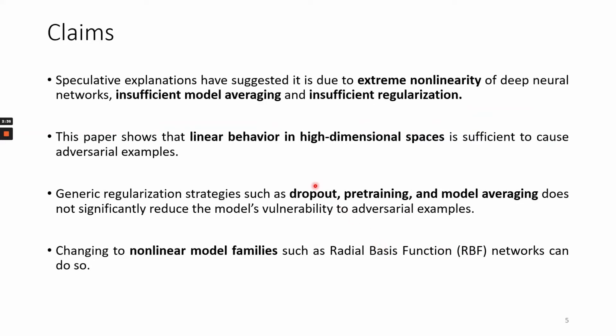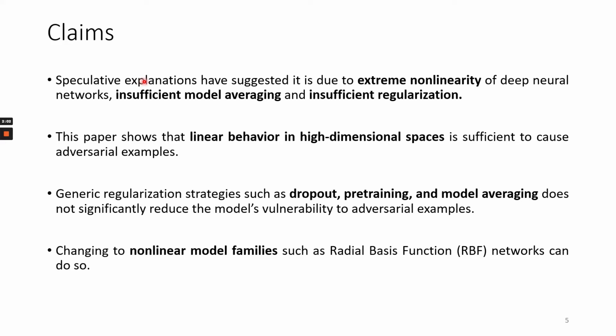Also, previous works in this domain claimed that the reason the models behaved in such a fashion for adversarial examples was maybe because of the extreme nonlinearity of deep neural networks. In other words, if the models were extremely nonlinear or complex, the adversarial examples had a fooling effect on these models.